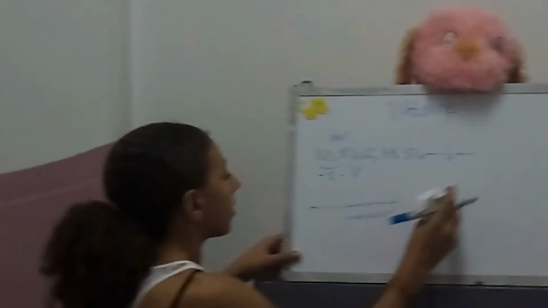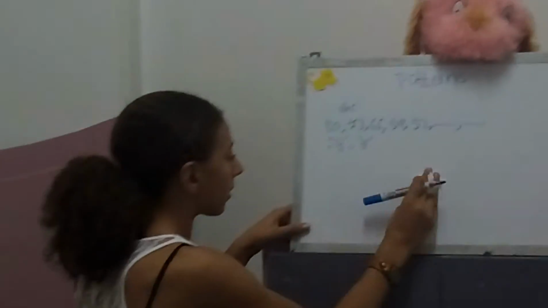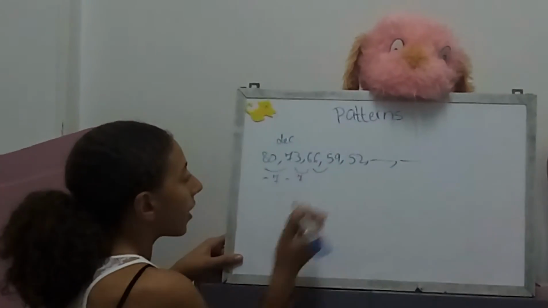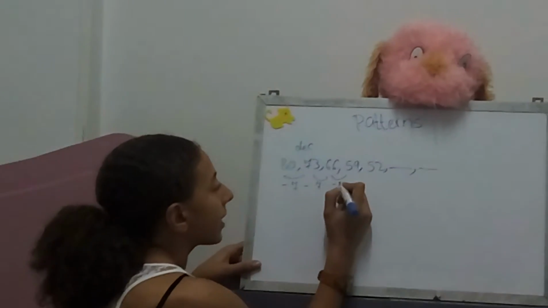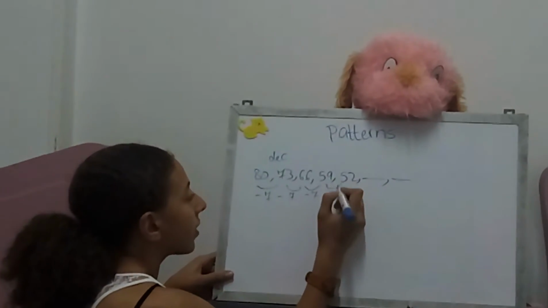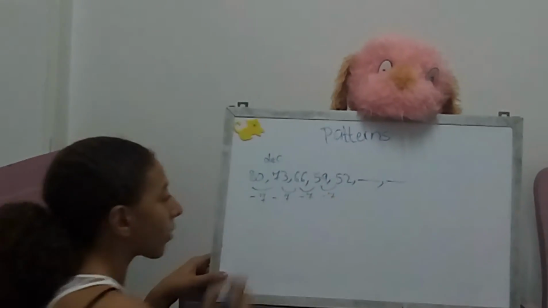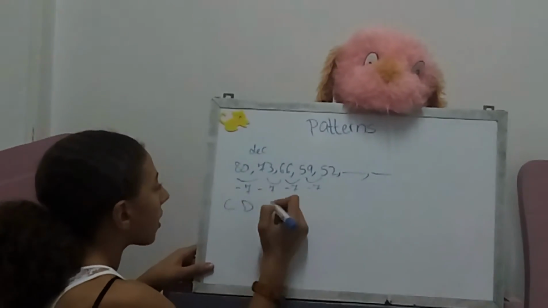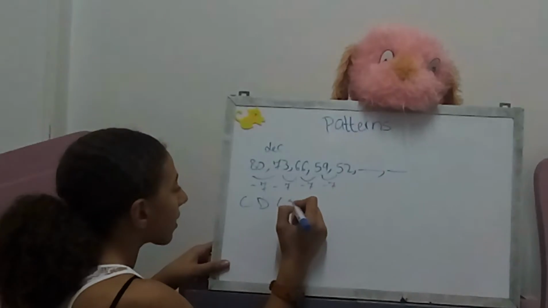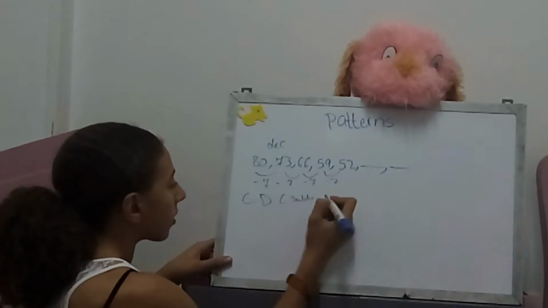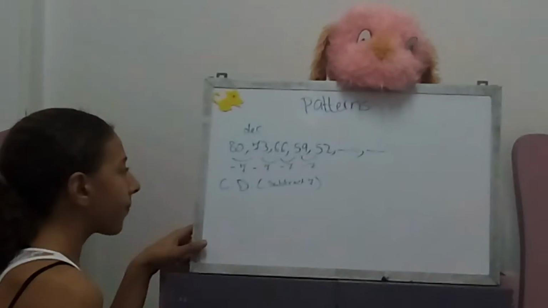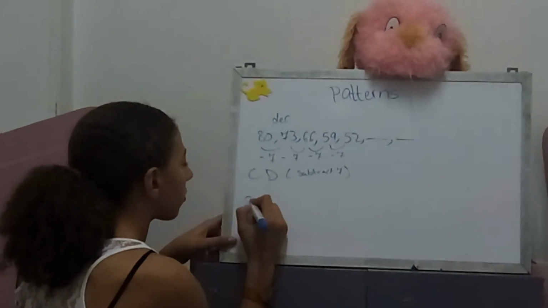Okay, let's erase this. From 66 to 59 we subtract 7, and from 59 to 52 we subtract 7. Okay, so the constant difference is subtract 7. Okay, well, let's find the next two digits.